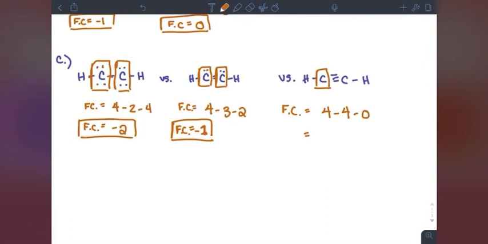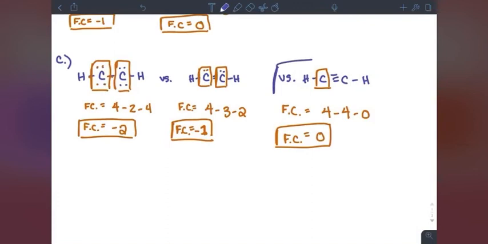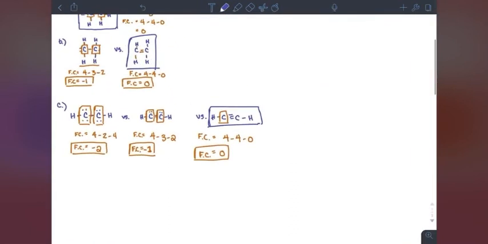So you can see there's a trend going on here. The higher the number of bonds, the more stable it is, right? So in this molecule, we're going to choose this one as our most stable molecule, okay?